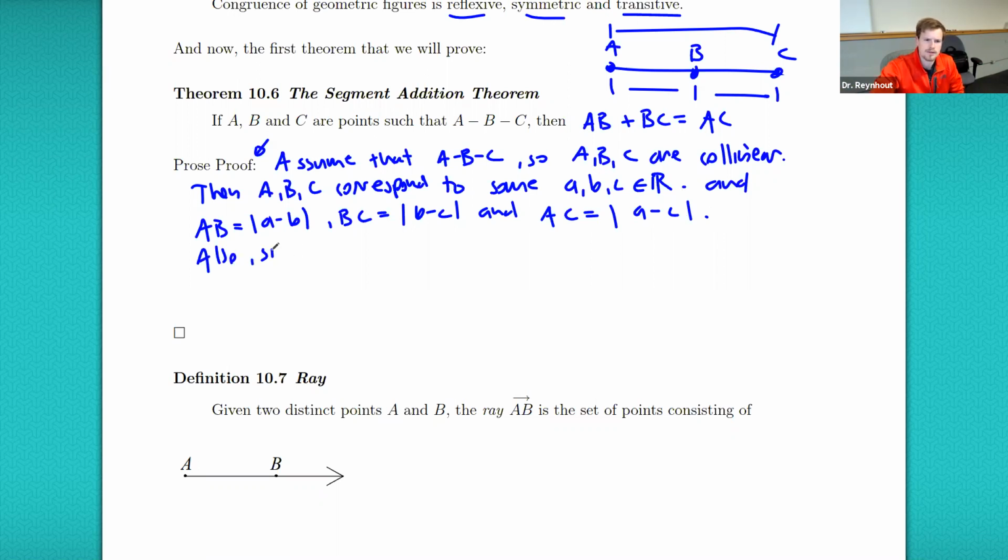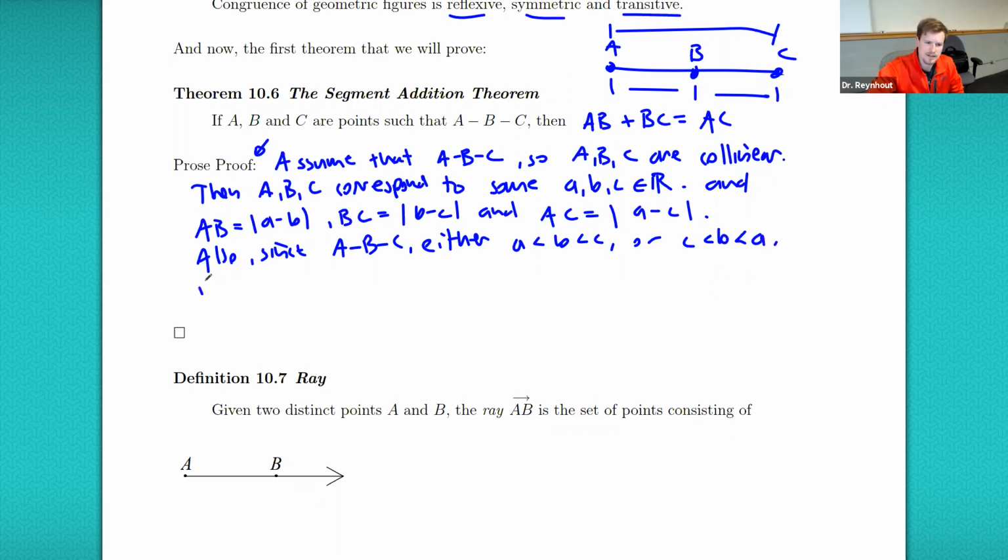Also, since B is between A and C, we have one of two situations: either a is less than b is less than c, or c is less than b is less than a.